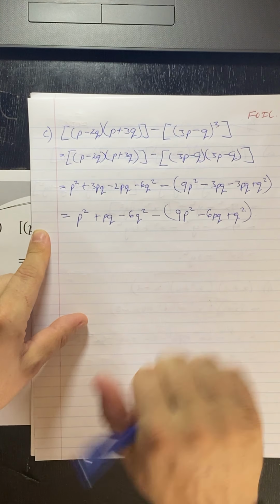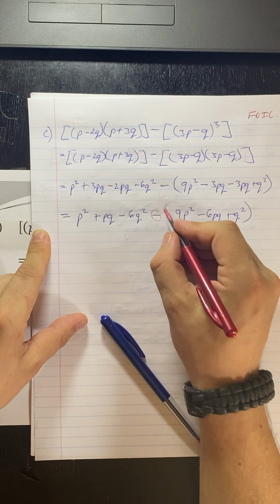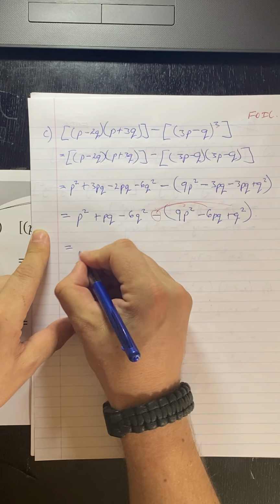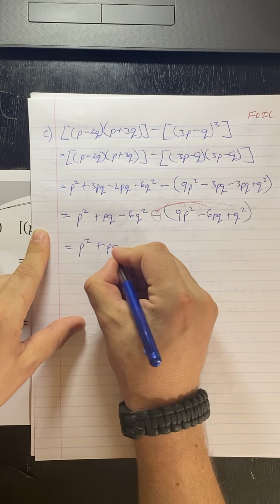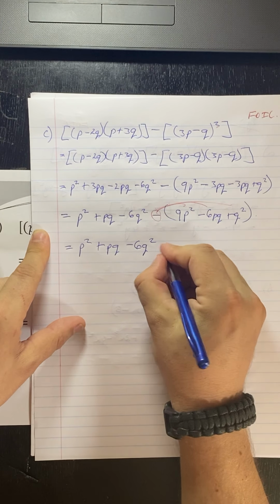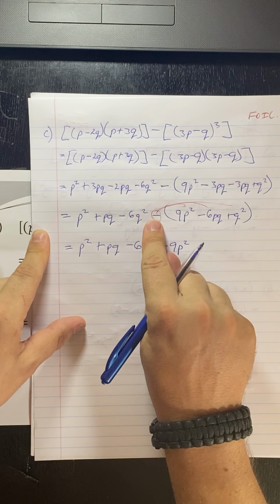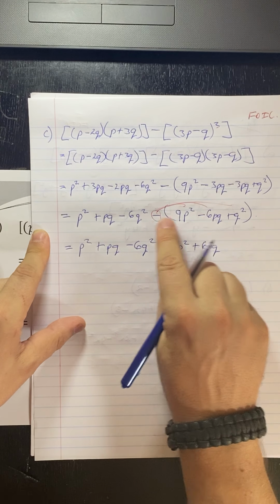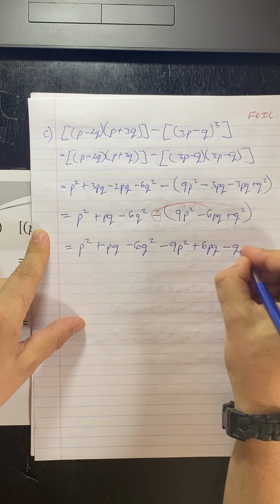Okay, now I'm going to distribute that negative in to each one of these terms. Okay, so that'll give us minus 9p squared. A negative and a negative is a positive 6pq, and a negative and a positive is a negative q squared.